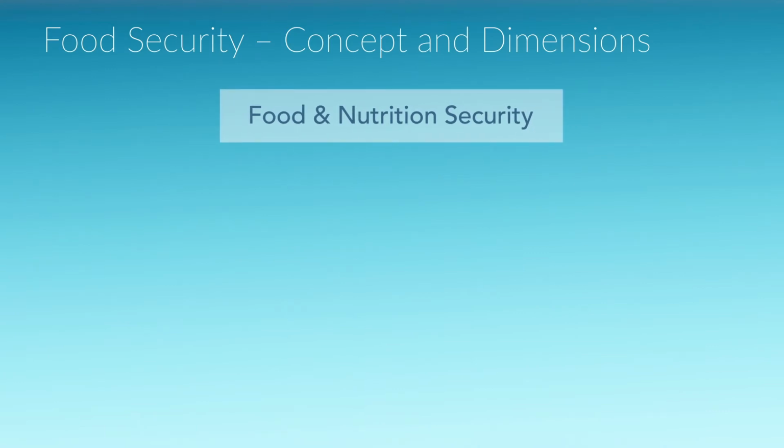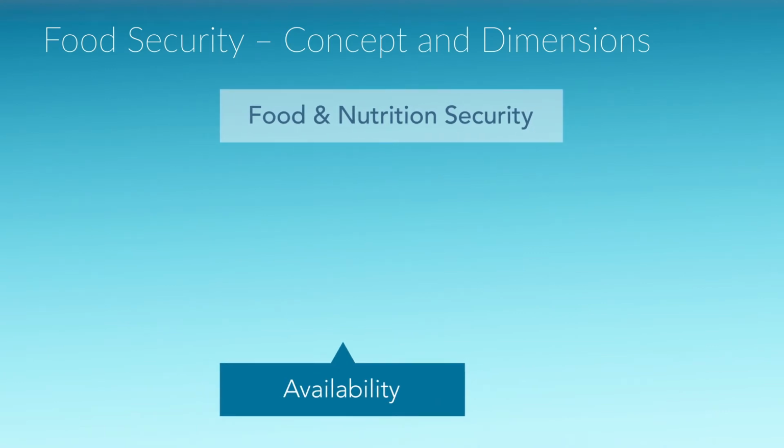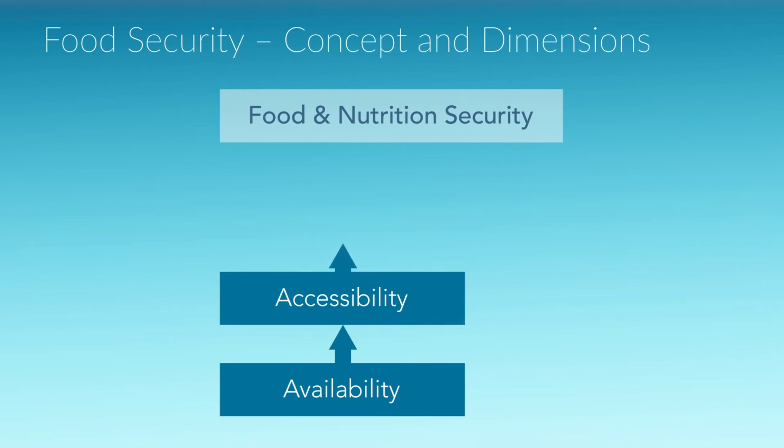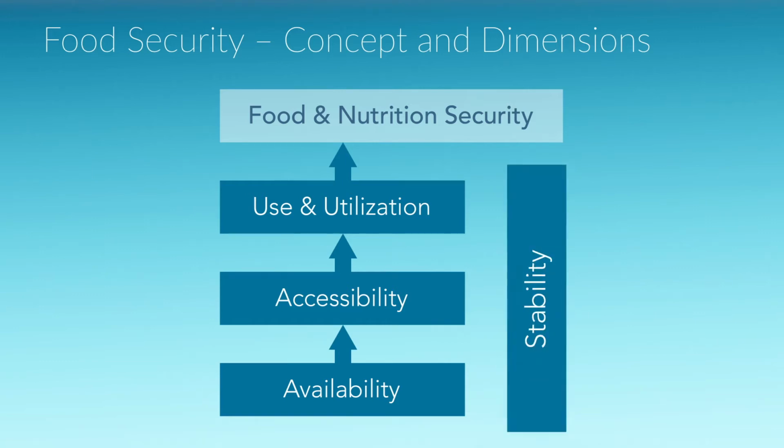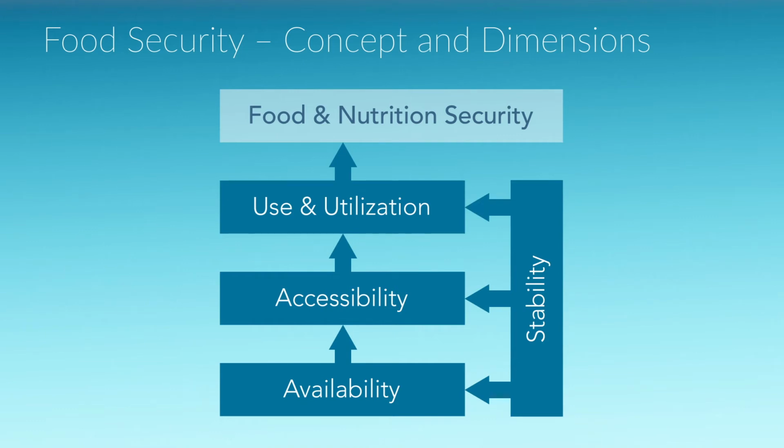The three dimensions are availability of food, access to food, use and utilization of food. One cross-cutting dimension concerns all these three main dimensions. It is the stability dimension and takes into account the time factor. Food and nutrition security must exist at all times, even if drought occurs.